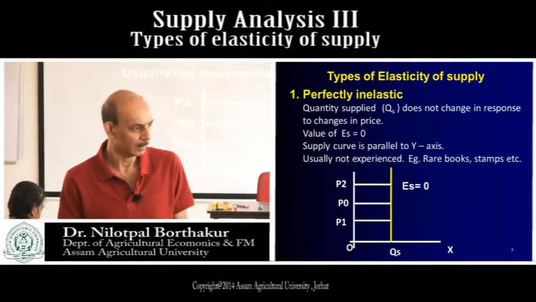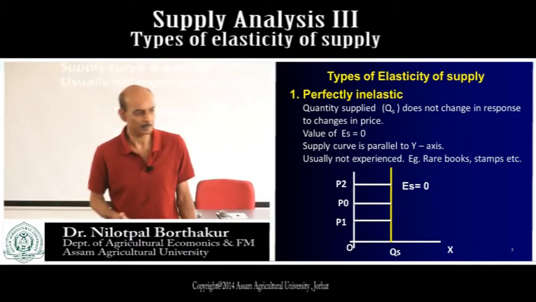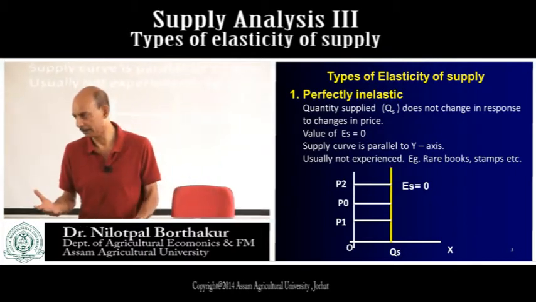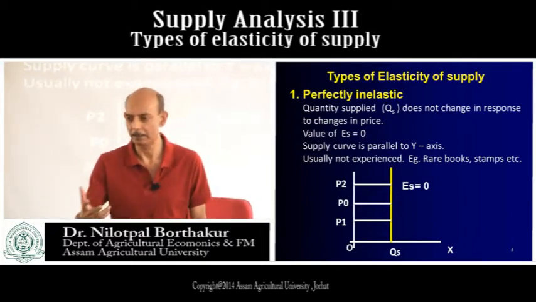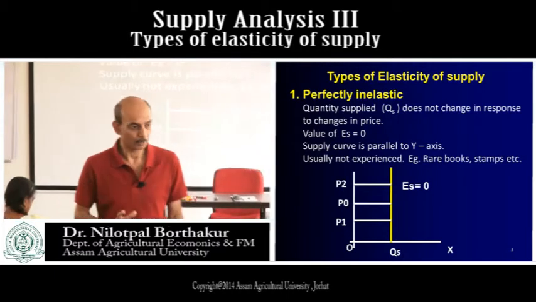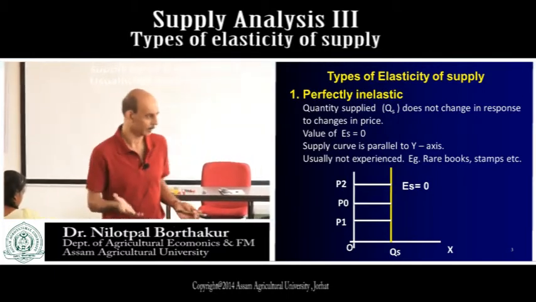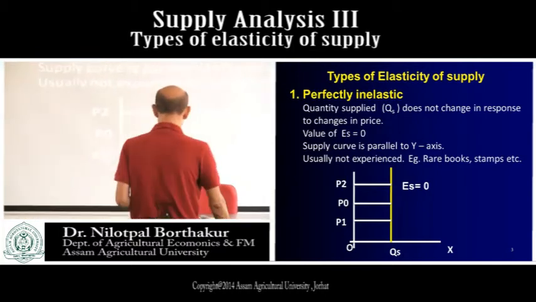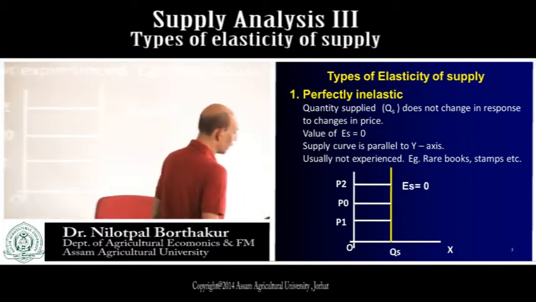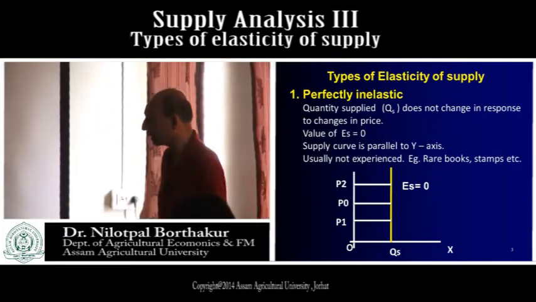Similarly, certain very rare paintings, like the Mona Lisa, cannot be increased. There is no second Mona Lisa painting. I am not talking about duplicate copies. The original Mona Lisa painting, there is one. Even if the price goes up, supply cannot be increased. It is perfectly inelastic, and in this case the supply curve is parallel to the y-axis where price is denominated.